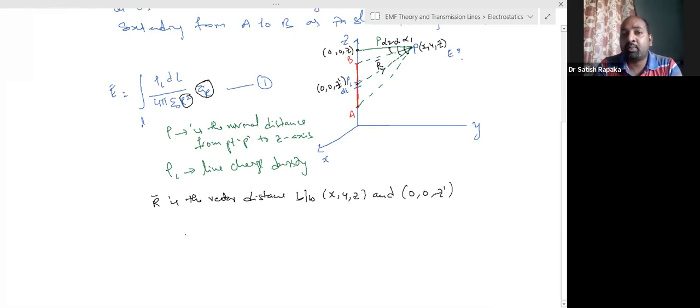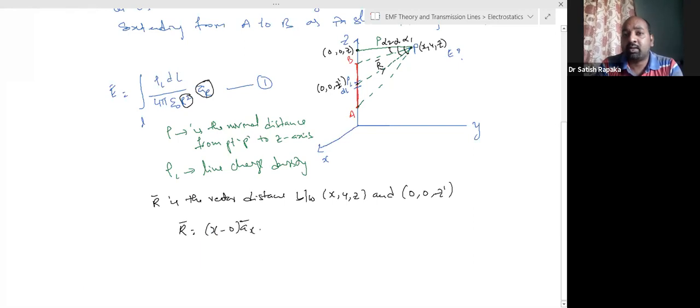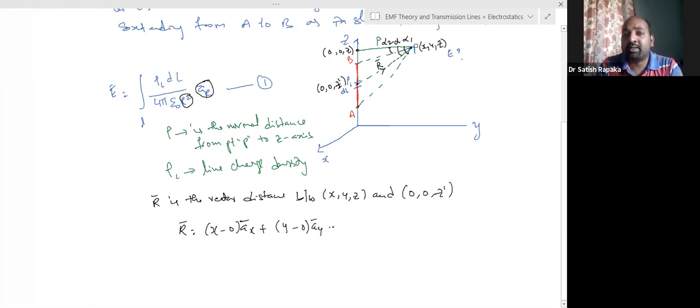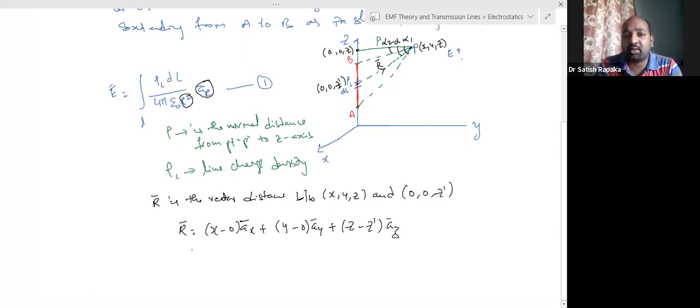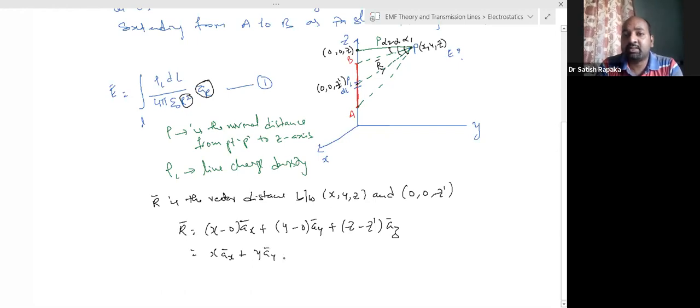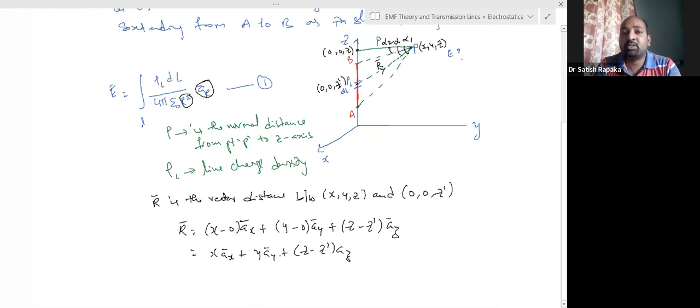Therefore r bar is equal to x minus 0 ax bar plus y minus 0 ay bar plus z minus z dash az bar, which is equal to x ax bar plus y ay bar plus z minus z dash az bar. So this is the vector distance r bar.